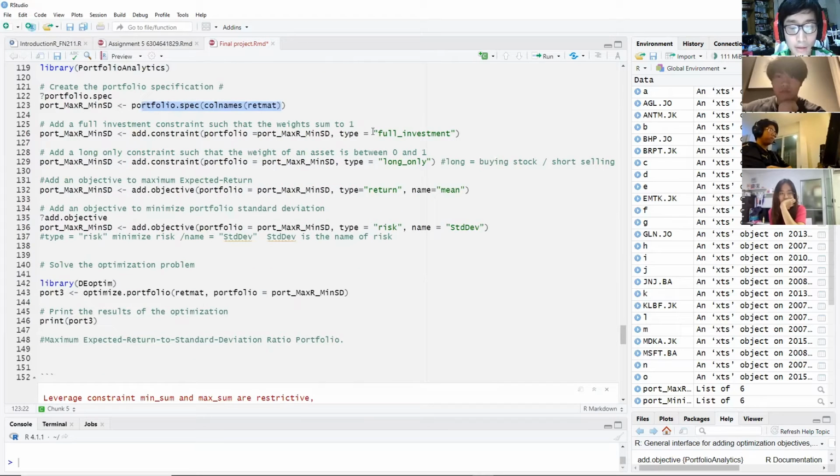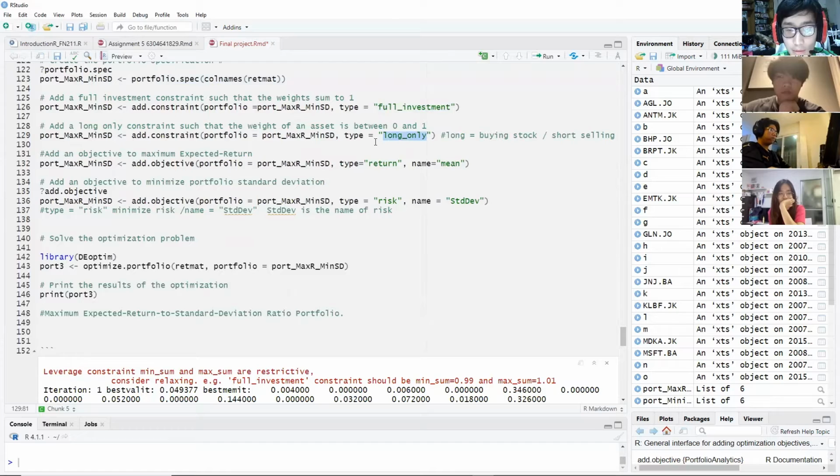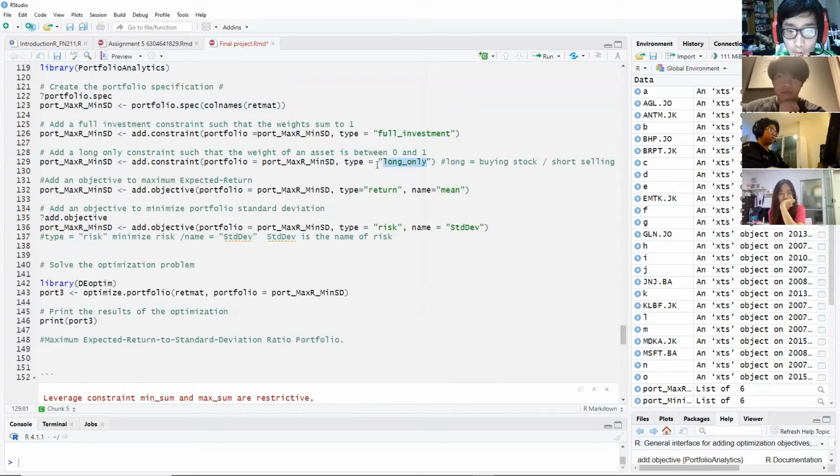Then we add the two constraints. Full investment means that we will use all of our money to invest and the weights sum to one. For long only, it tells the program that we will use the long-term strategy to buy and sell stock.